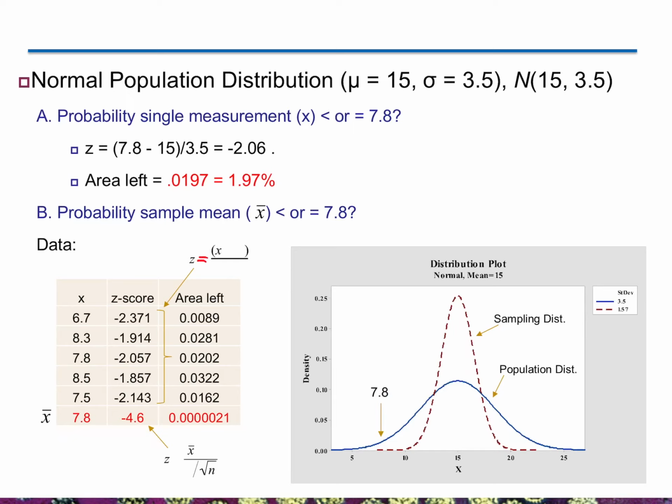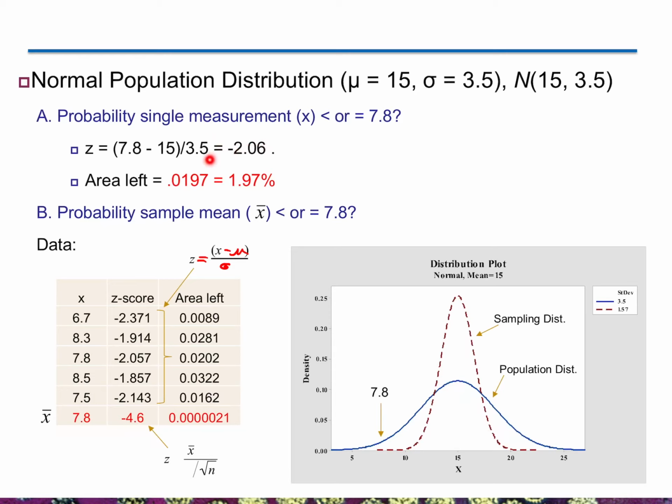I didn't do my formula here, so let me fill that in real quick. z equals x minus mu over our standard deviation. We plug in a value of 7.8 for x, subtract from that our mean of 15, and divide by our population standard deviation of 3.5, and you end up with a z-score of minus 2.06.